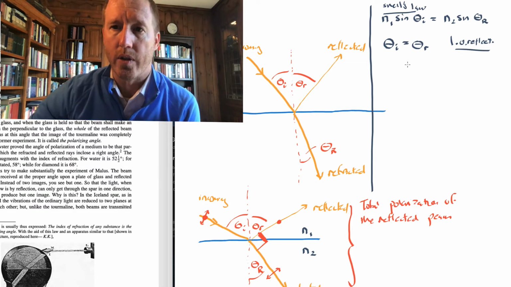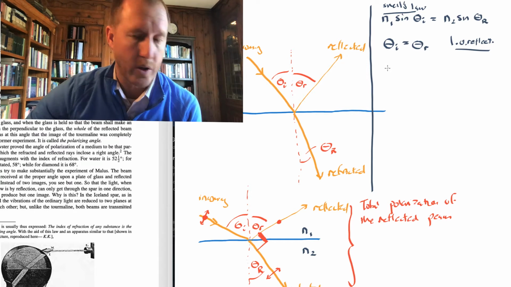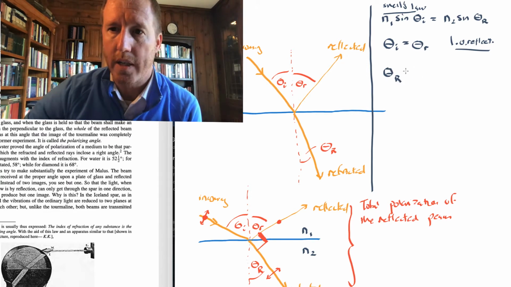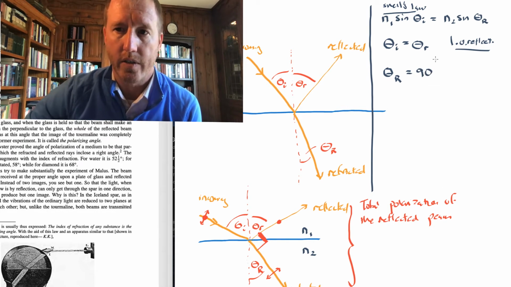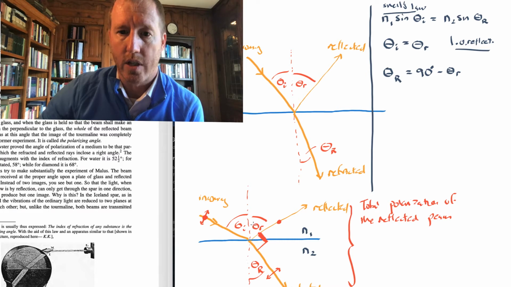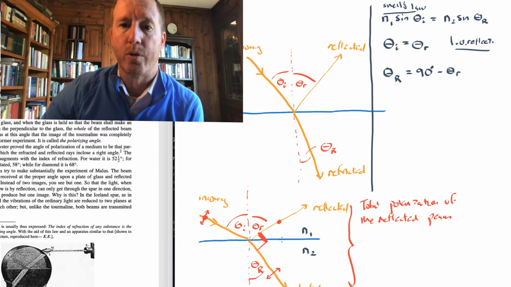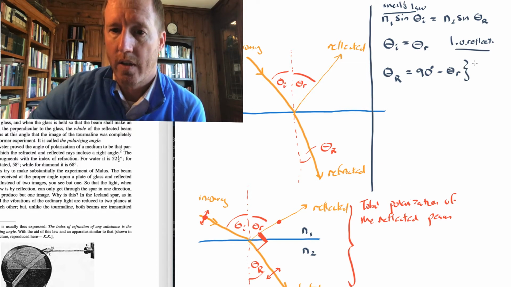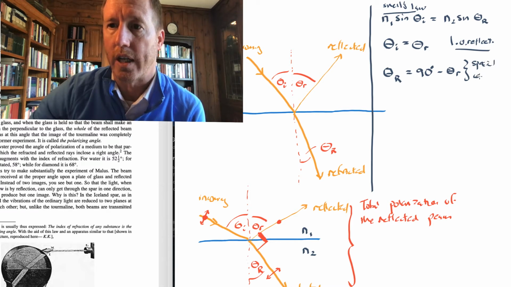Now, also notice that for this particular case, we're going to say that the refracted ray is going to be equal to 90 degrees minus the angle of the reflected ray. That makes it so that the sum of these three, the reflected, the refracted, and this 90 degree add up to 180 degrees. So this is the special case that Mr. Brewster is talking about.